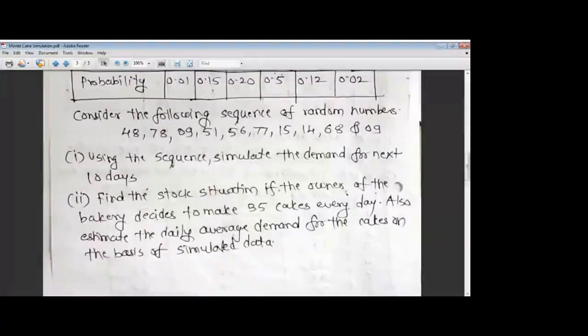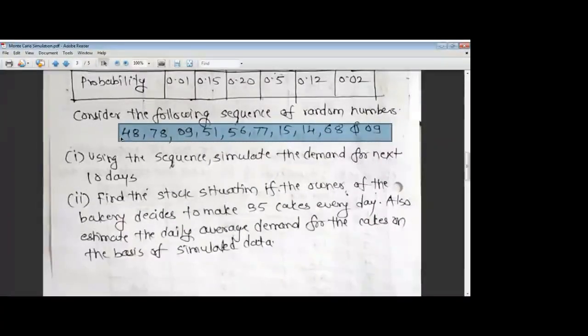Now we require 10 values, right? We have 10 days for which we'll have to simulate the values, and hence the number of random numbers should also be 10. If you count, we have 1, 2, 3, 4, 5, 6, 7, 8, 9, 10 random numbers.